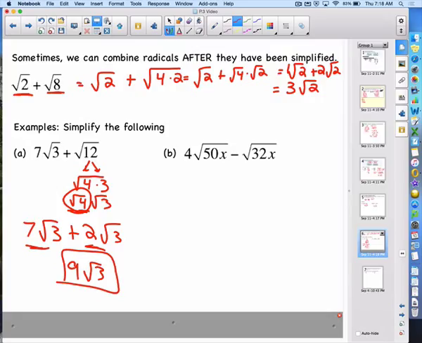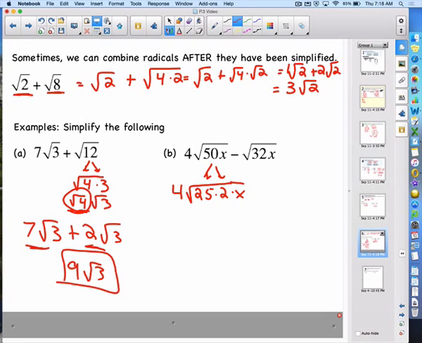If I have 4 times the square root of 50x minus the square root of 32x, those do not match, so I'm going to have to do some work. This one I can split into 25 times 2. 25 is the biggest perfect square that 50 splits into.